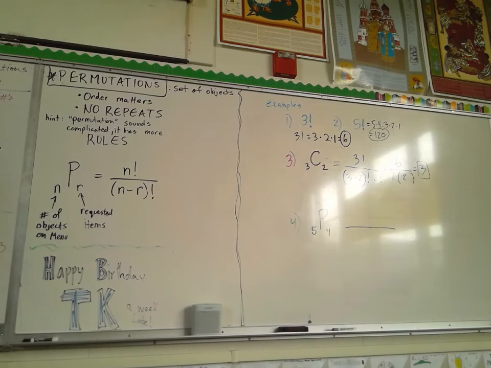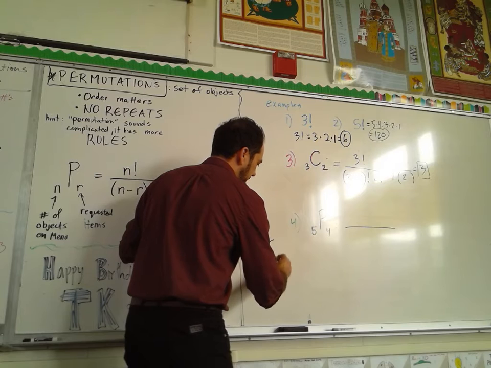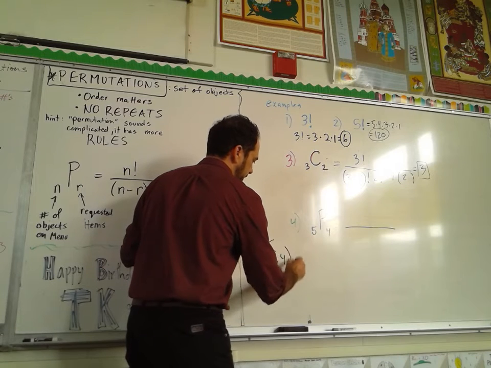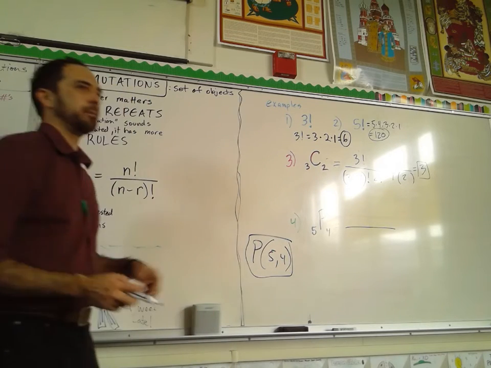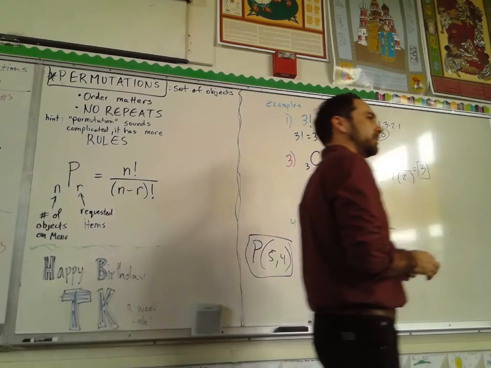Also, sometimes on your calculator you'll have to do this. You put in the permutation function, then you put it in there as a pair of numbers, 5, 4. So if you have your calculator, give it a try with your calculator too. Make sure that is possible. iPhone has it.